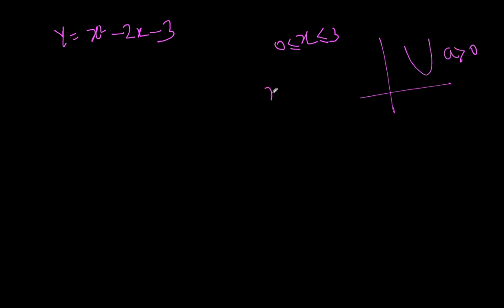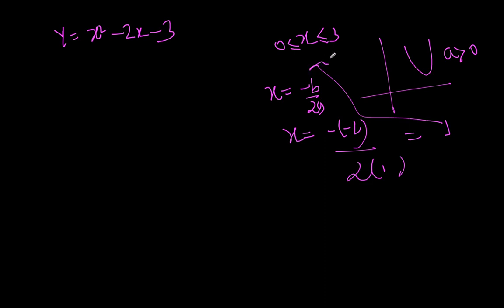Now I will find minus b upon 2a. So x is equal to minus b upon 2a, which is 1, and 1 is inside this domain. So I will find the values of y at all these points, and whichever is giving the minimum is the minimum, and whichever is giving the maximum is the maximum, because minus b upon 2a is inside.